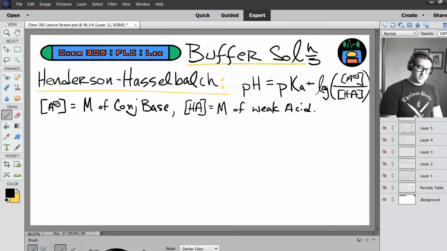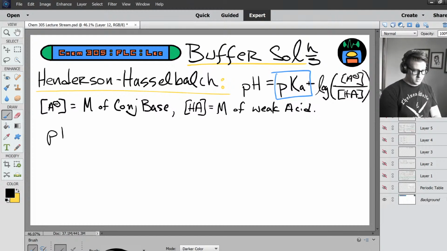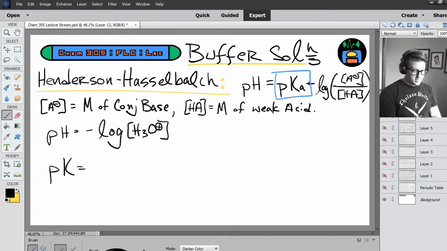All right, but something that's a little weird, you may be going, okay, what is this pKa deal? Well, we know pH, right? pH is equal to -1 times the logarithm of the concentration of hydronium, right? So the pKa is actually very similar. It's just -1 times the logarithm of the acid ionization constant, Ka.